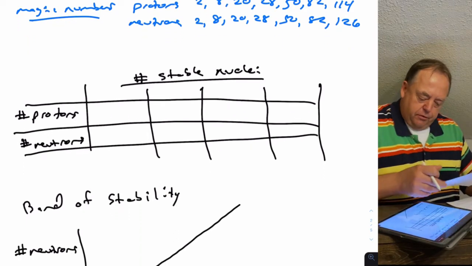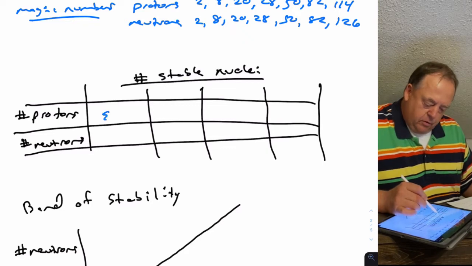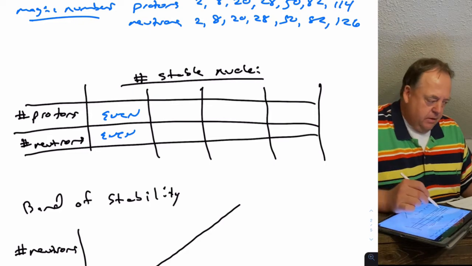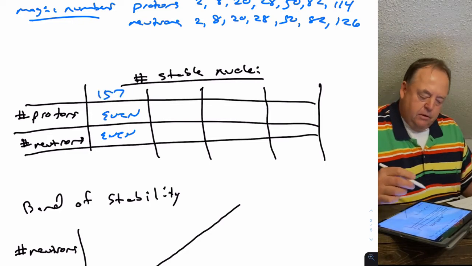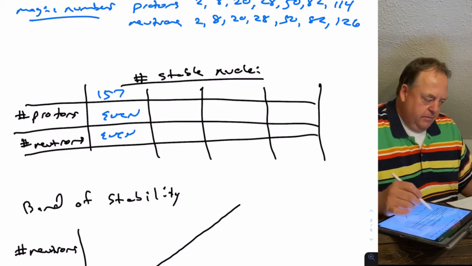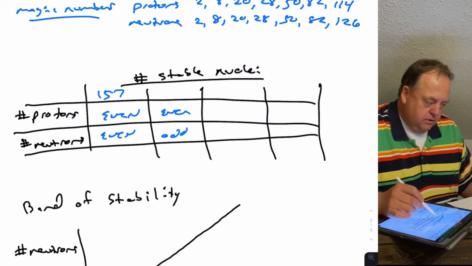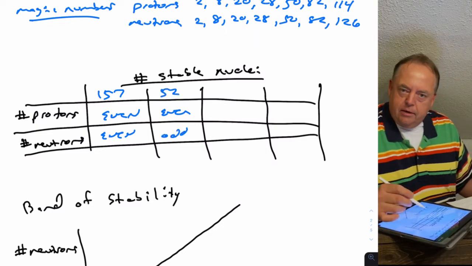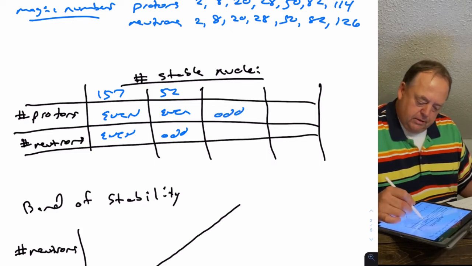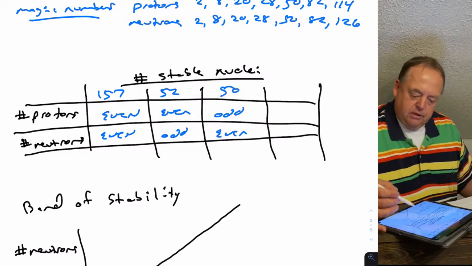Okay, so for the different nuclei, if we look at the protons and neutrons, if they're both even numbers in an atom, then there are 157 known nuclei that are stable. If you have an even number of protons and an odd number of neutrons, then there are only 52 nuclei known to be stable. An odd number of protons and an even number of neutrons, 50 nuclei known to be stable.